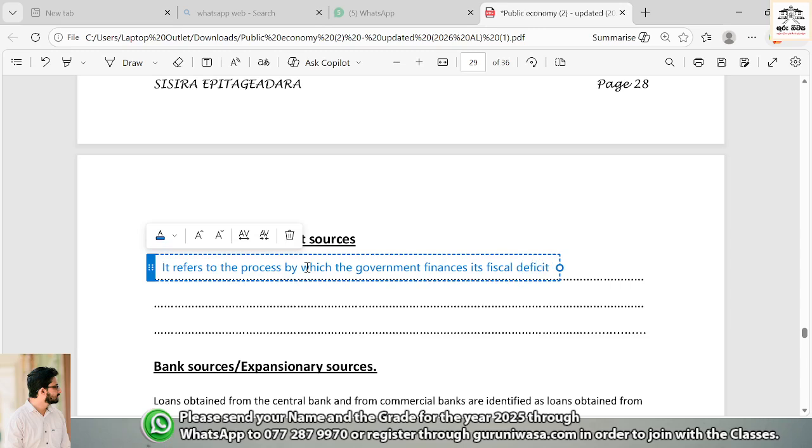by raising funds from the domestic financial market. Can you remember what the financial market is?